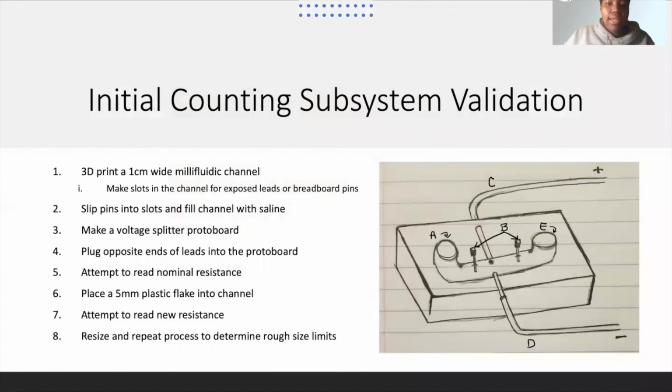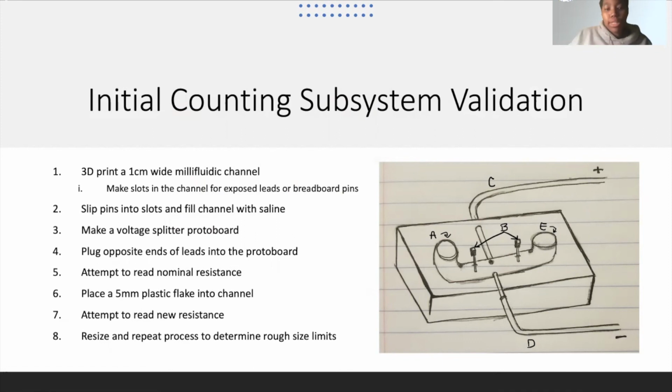And then looking at the counting subsystem, the idea is to show that we'd be able to generate resistance and would be able to read the resistance that occurs due to a microplastic passing through the channel. So initially we're going to just pass saline through the channel and measure the resistance that occurs when we do that. And then we're going to introduce a microplastic into the channel and then try to read the nominal resistance for that as well.